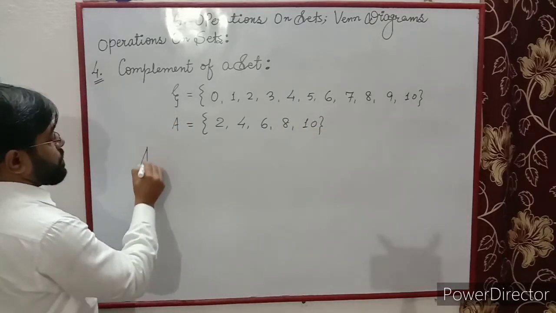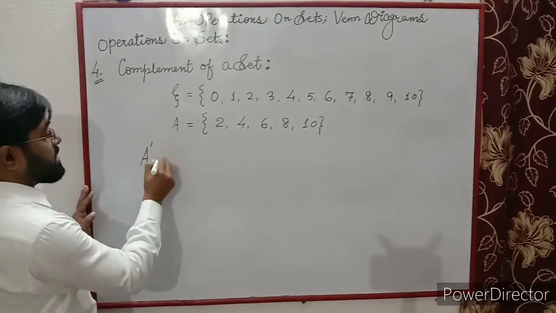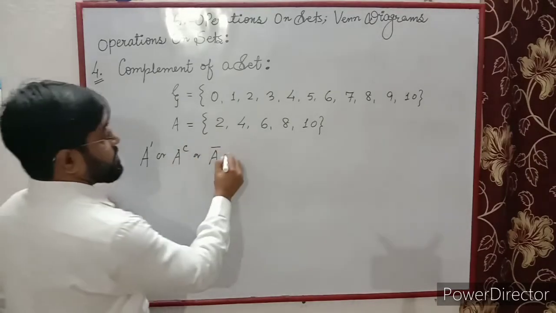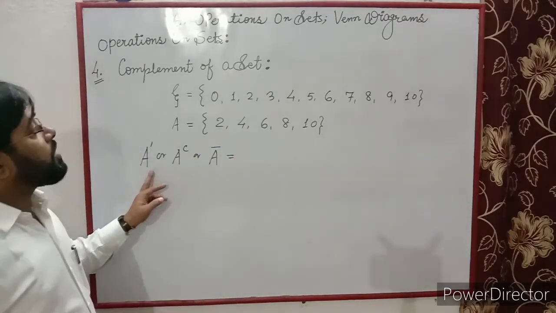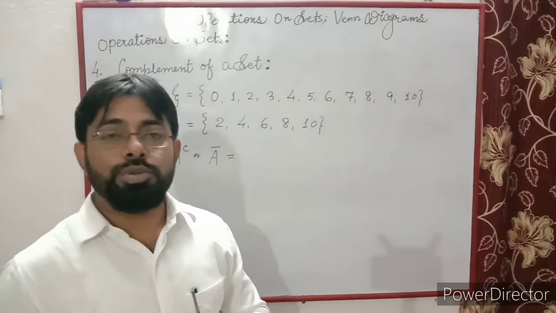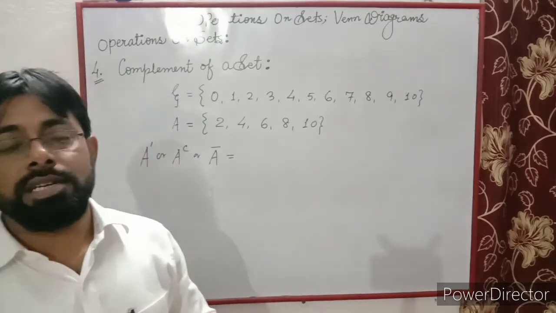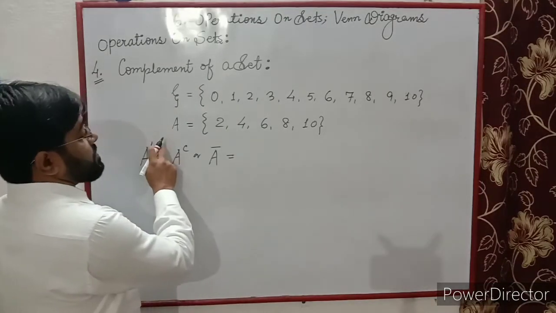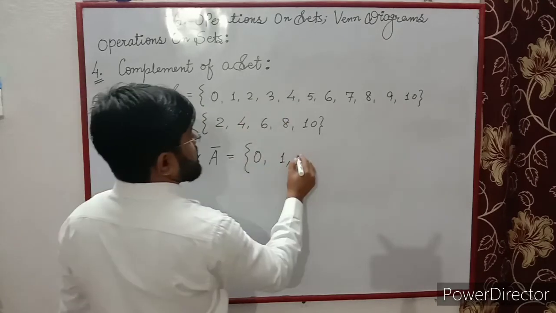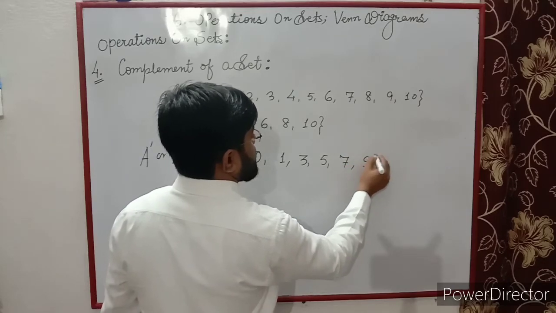The complement of a set A is written as A dash or A C or A bar. That is, the complement of set A is a set consisting of all those elements which are in the universal set but not in set A. So the complement of set A is 0, 1, 3, 5, 7 and 9.